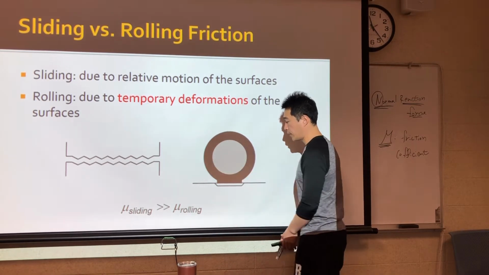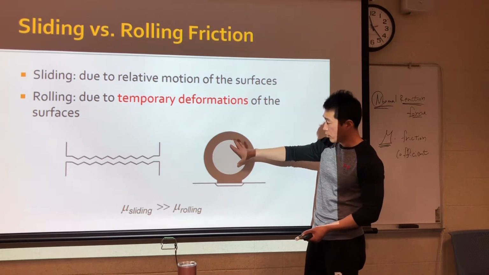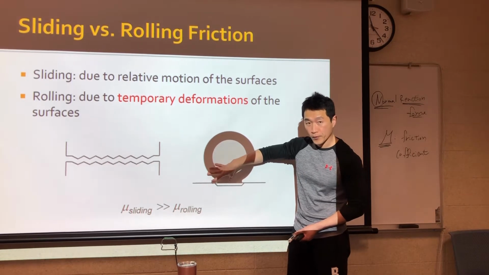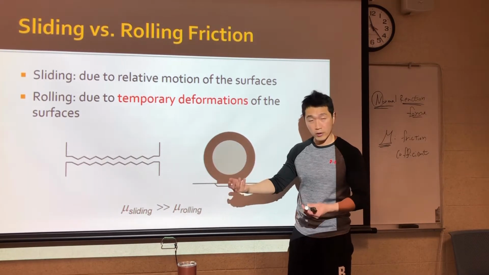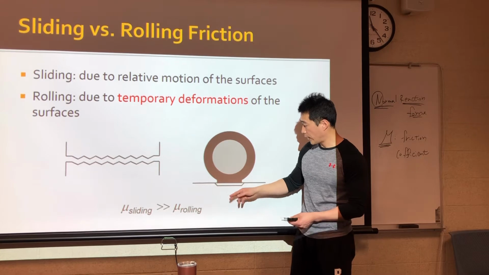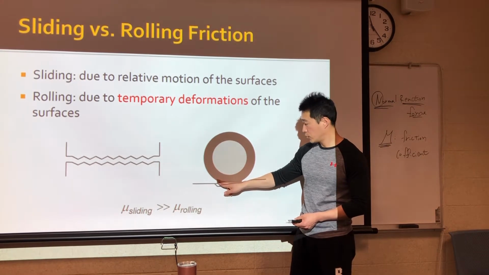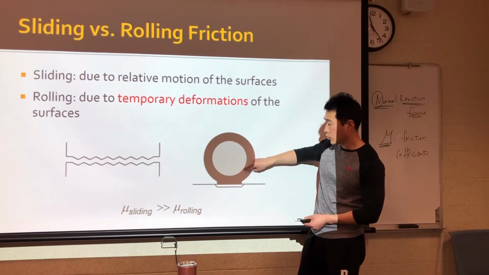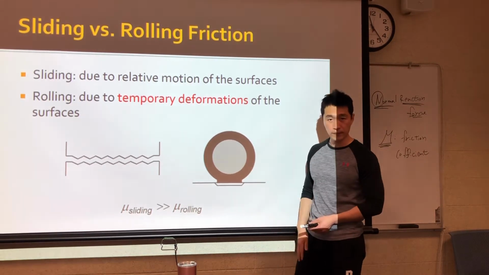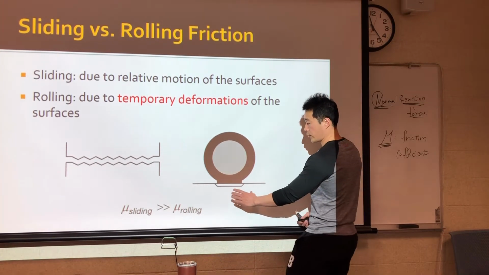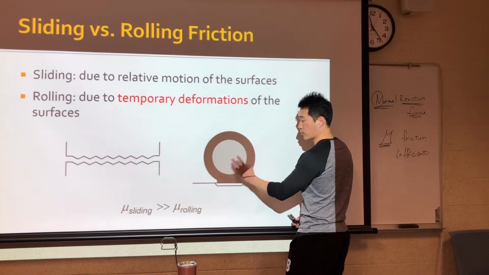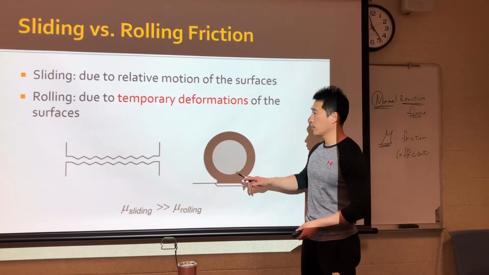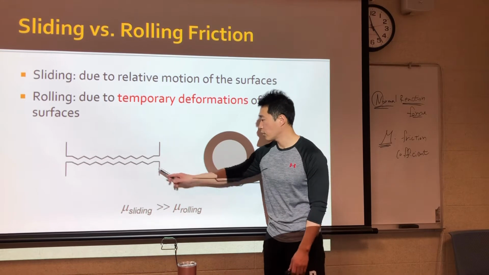As this tire moves this way, this pole will be deformed slightly, temporarily, and then the deformation will continue. By the time the deformation reaches here, it will return to the shape. That's why during this time, the tire will have some sort of deformation, but that's temporary. That's why this is an example of rolling friction, versus sliding friction.